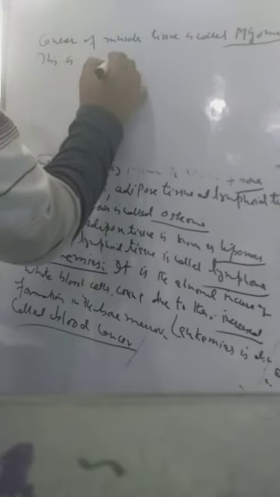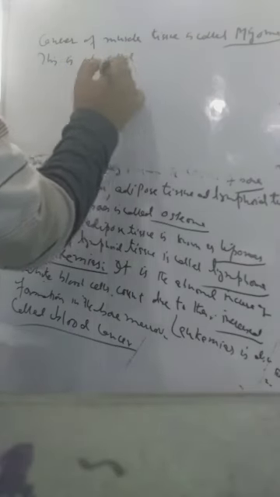This uncontrolled growth of cells is called tumor or neoplasm, T-U-M-O-U-R.